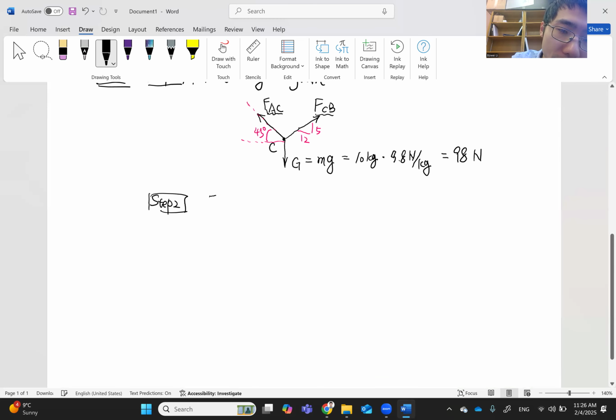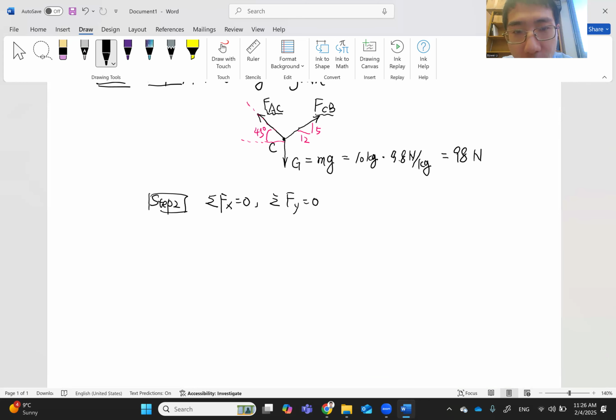We know the equation of equilibrium is the summation of forces. For the 2D case, the summation of forces along the x direction equals 0, and the summation of forces along the y direction equals 0.